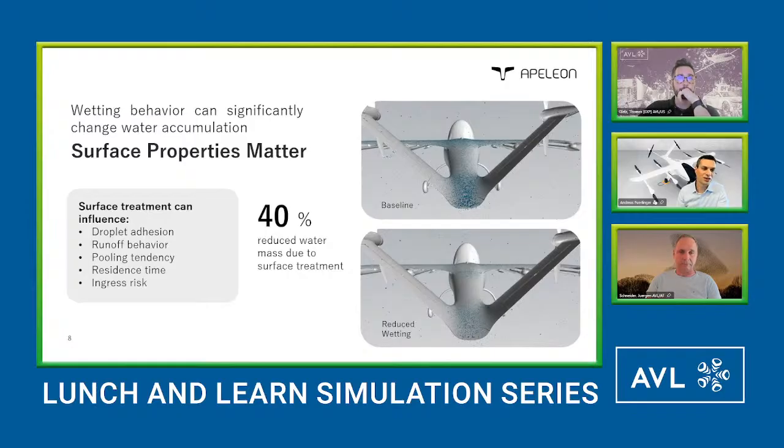And here we need to consider adhesion, roughness, contact angle, hysteresis, and that influences how the water sticks to the surface, how it forms films, how it pools locally.